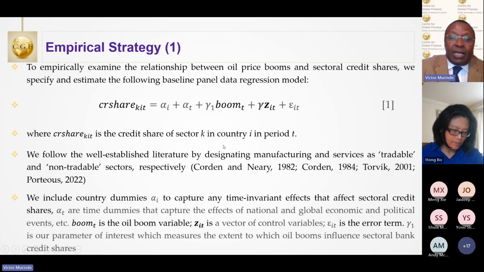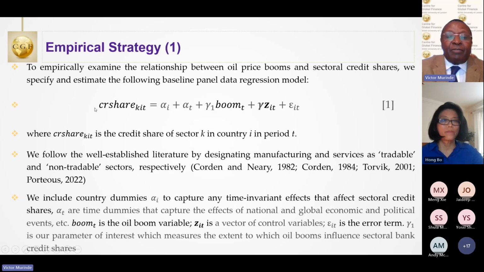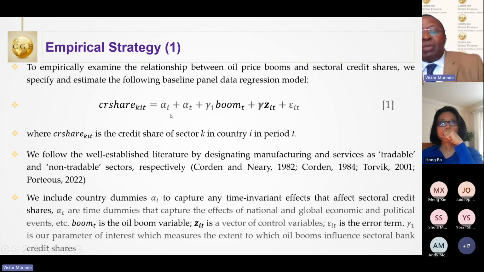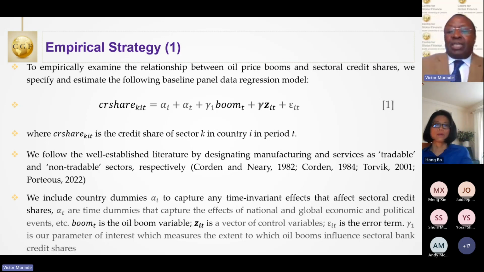If I can use my cursor here, we have the bank credit share of sector K in country i at time t. And now this is regressed on a dummy, alpha i, that captures any time invariant effects that affect sector bank credit shares. And alpha t is a time dummy that captures the effects of national and global economic and political events, and so on.